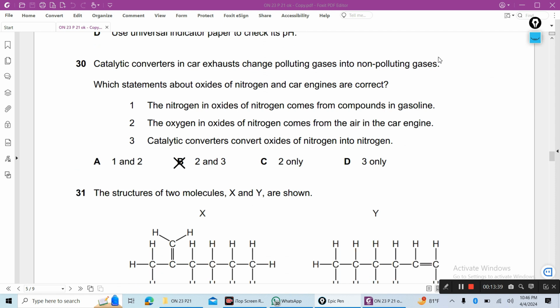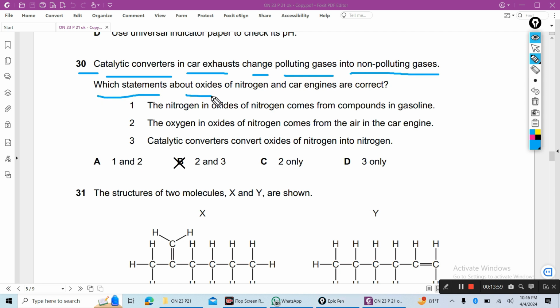Catalytic converters in car exhausts change polluting gases into non-polluting gases. Which statements about oxides of nitrogen and car engines are correct? 2 and 3 are correct.